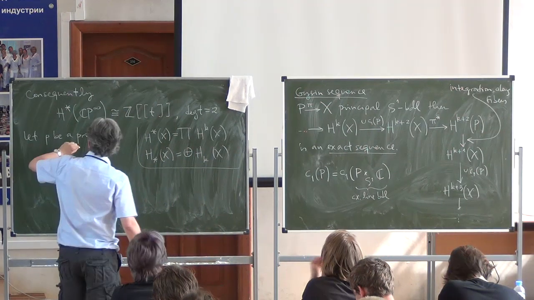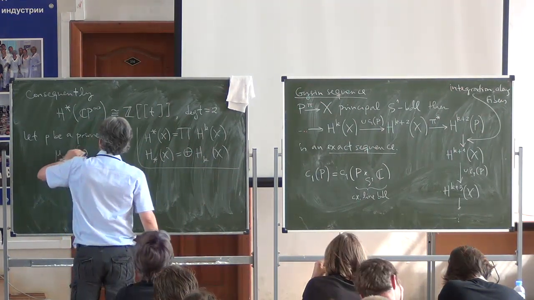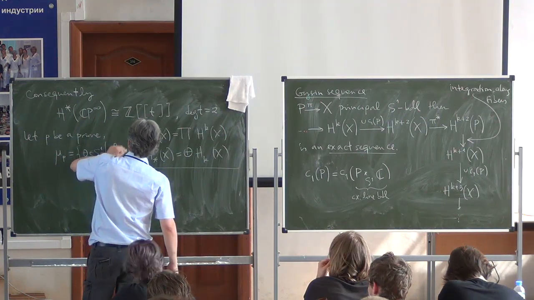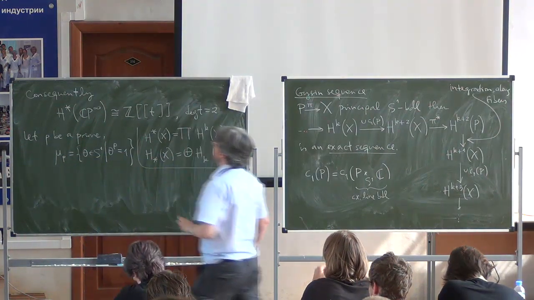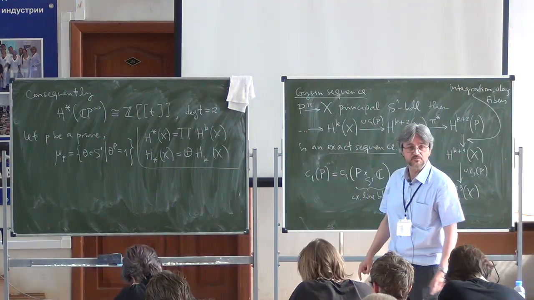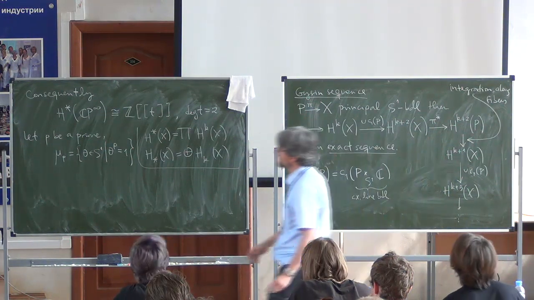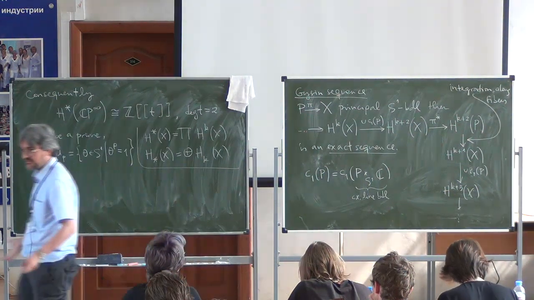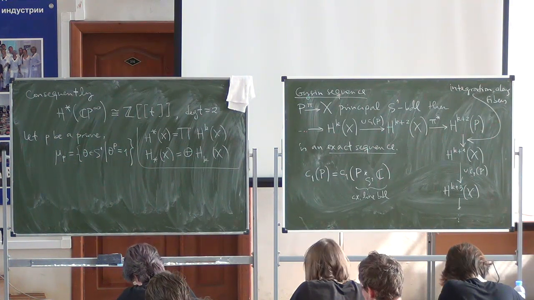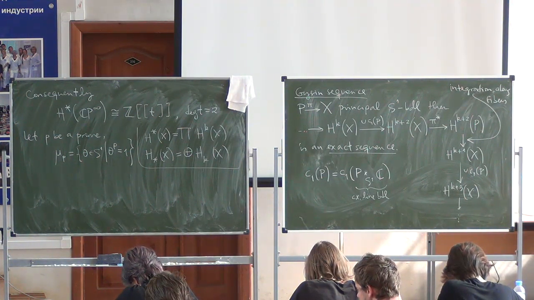We would like to find the classifying space for mu p. Of course, as a group, this is isomorphic to Z mod p, but I prefer to reserve Z mod p for the coefficient ring and mu p for the group.